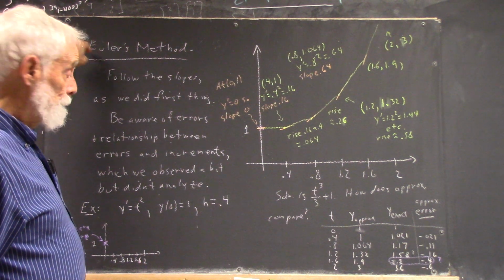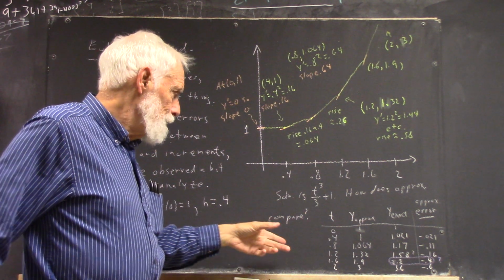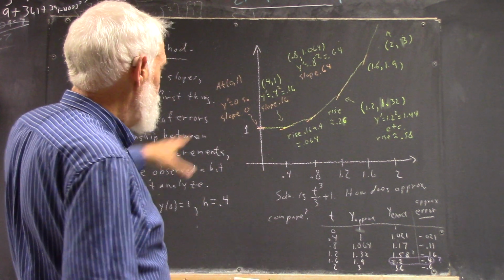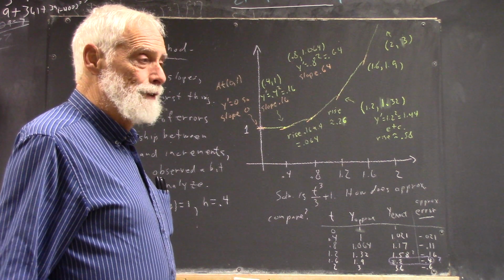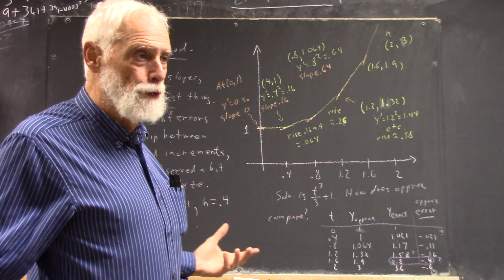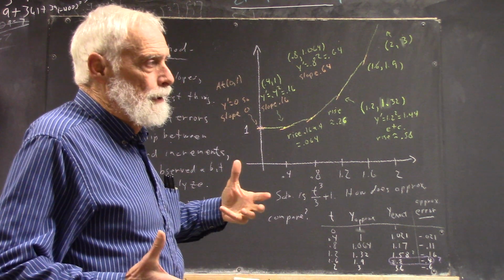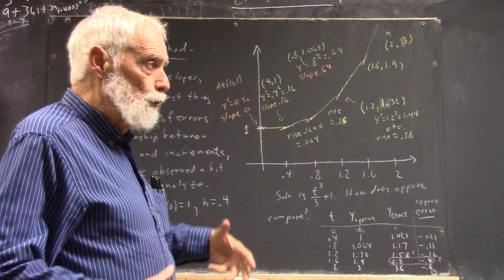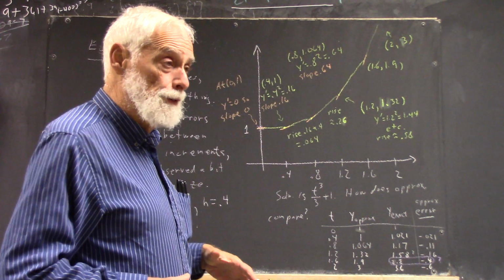Make sense? Okay, so next we're going to write down just a formula for this method. Not that you want to actually use the formula, you want to be able to write it down because that helps you figure out how to notate the method so that you can get it into a computer algebra system or something of that nature.